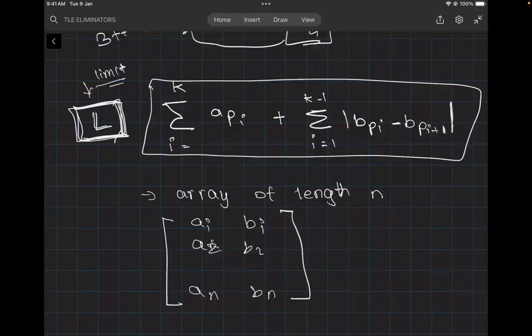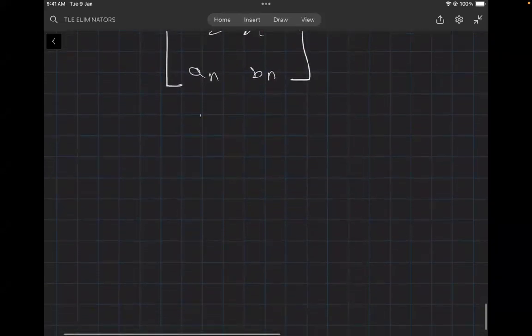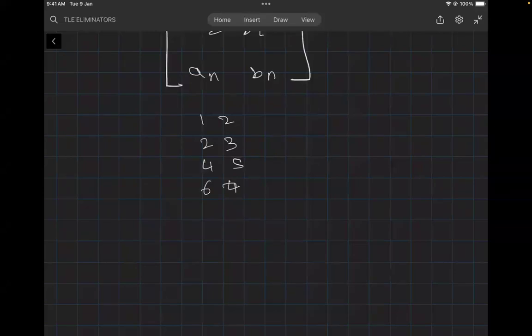Okay. Let's say we have elements (1, 2), (3, 4), (5, 6), and let's say the limit is 100. Okay. This is what this is. So what does the problem ask?